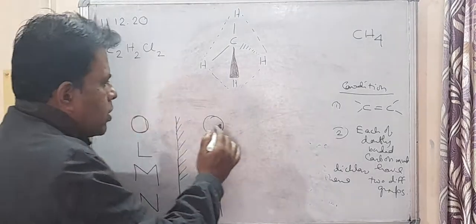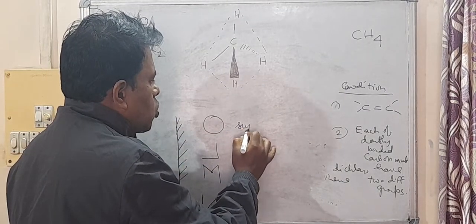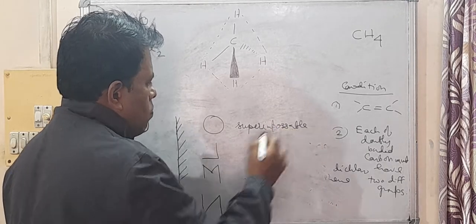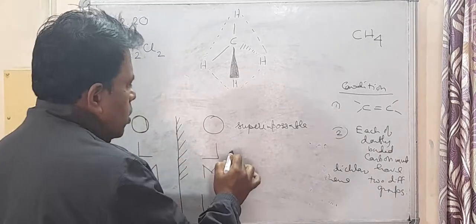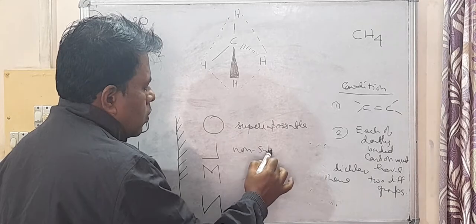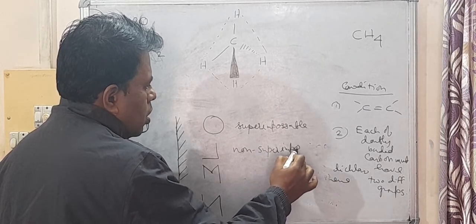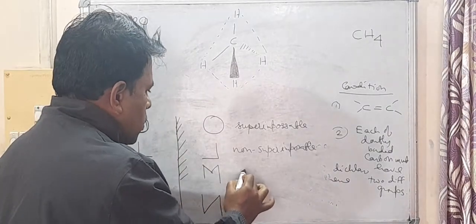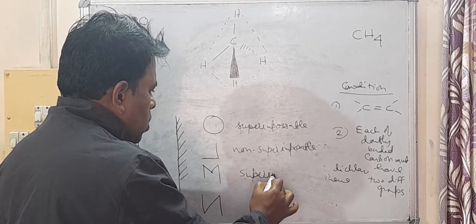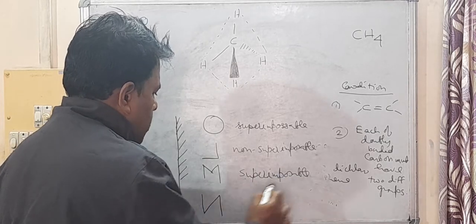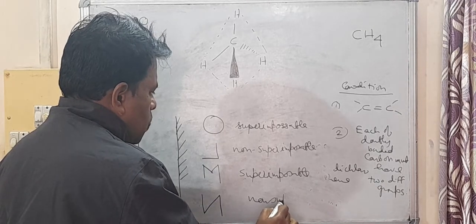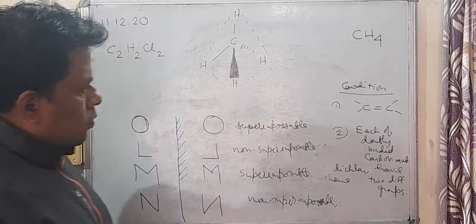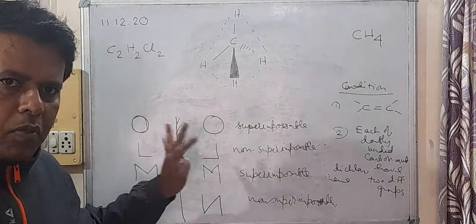Now, when it coincides, it is called superimposable. When it doesn't coincide, it is called non-superimposable. So this is again superimposable. This is non-superimposable. So this idea you must have.